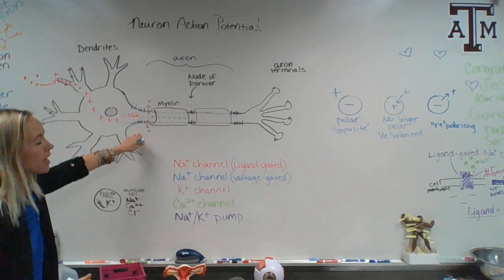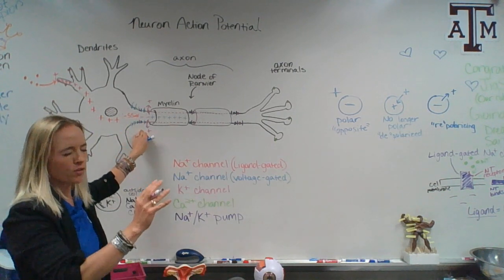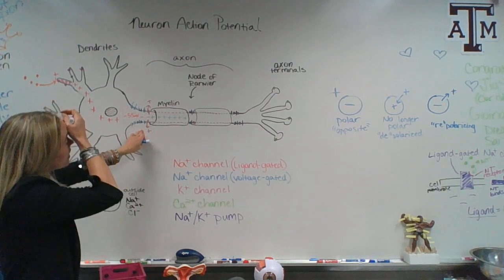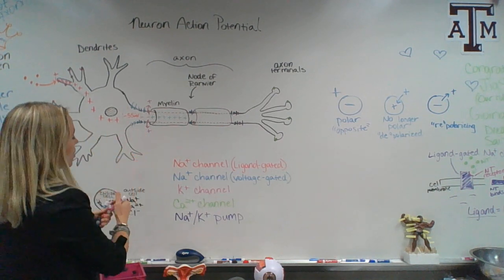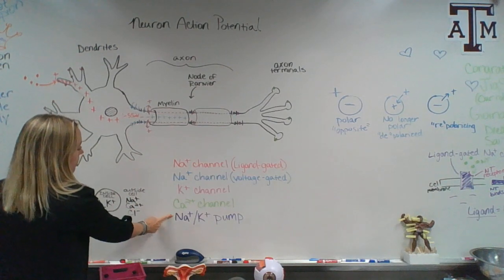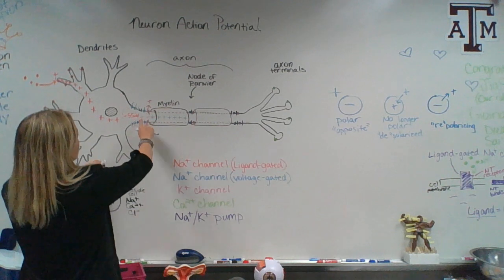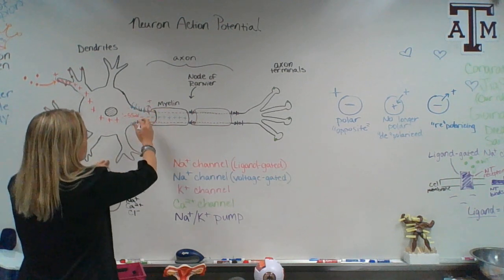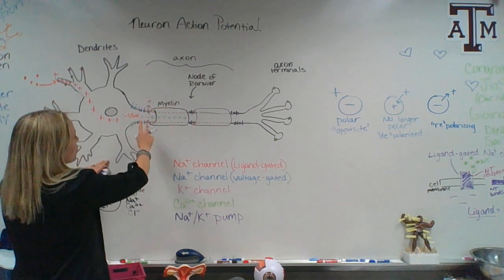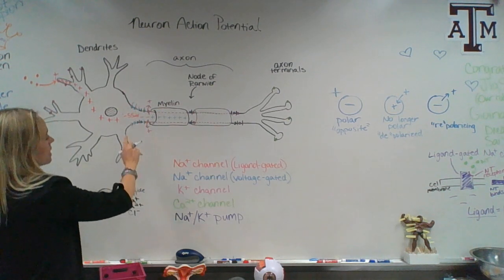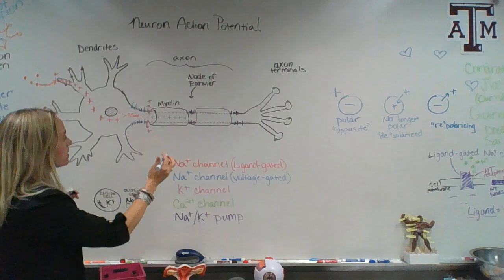It actually goes down lower than negative 70, all the way to negative 90. At negative 90 millivolts, it is hyperpolarized, and a pump activates called the sodium-potassium pump. What the sodium-potassium pump does is it resets the sodium back out of the cell and the potassium back in.